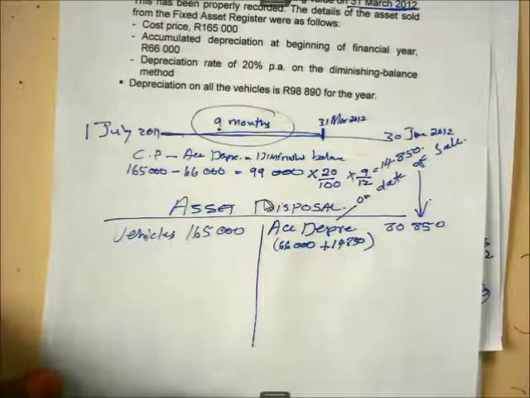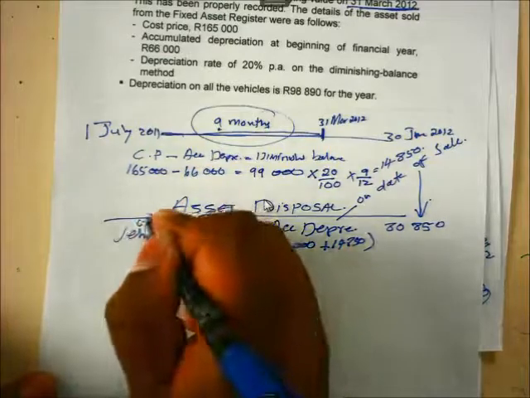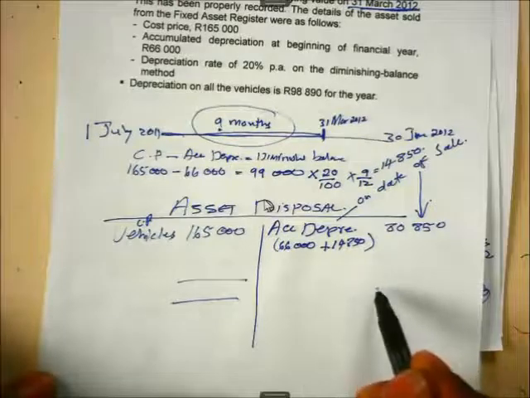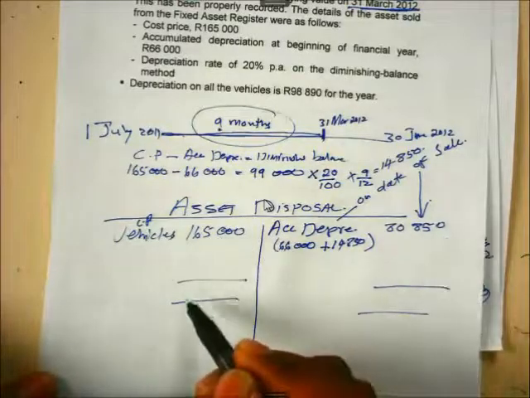Now, what was the carrying value? Remember, this is the cost price, and then you have your accumulated depreciation. Your carrying value would be cost price minus accumulated depreciation.